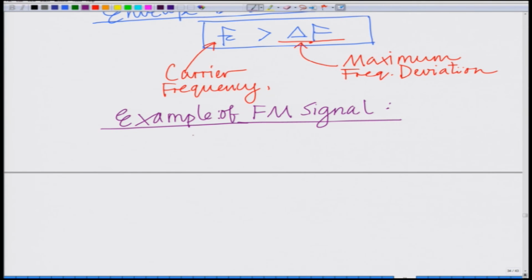For an FM signal, the carrier frequencies are typically in the range of 100 megahertz, about 90 megahertz to 105 or 110 megahertz.